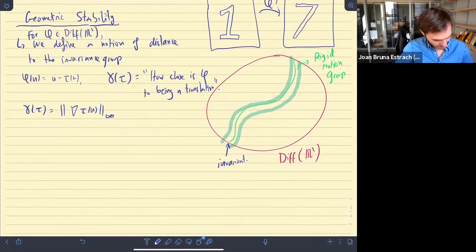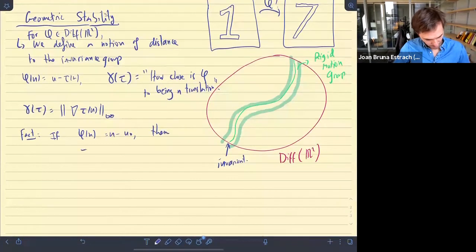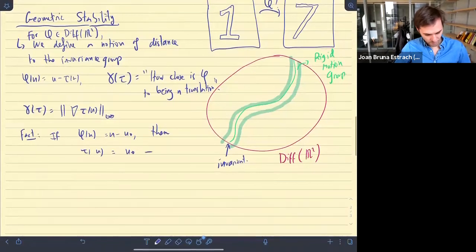If phi of u is a translation, then tau of u by definition is u0. So the gradient of tau is 0 for all u.